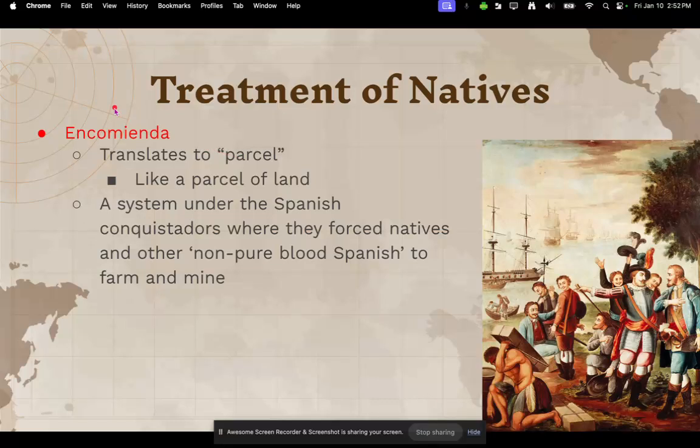All right, next let's talk about encomienda. And this translates to parcel in English, kind of like a parcel of land. It is a system under the Spanish conquistadors in which the natives and other non-pure blood Spanish were forced to farm and also mine.